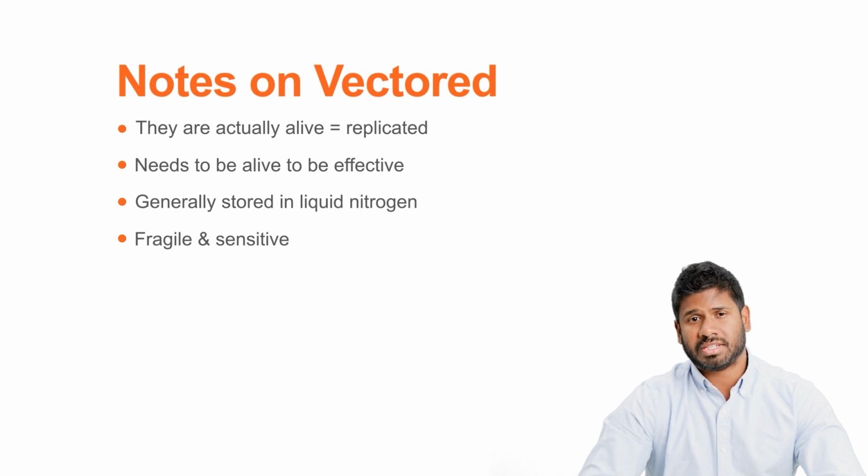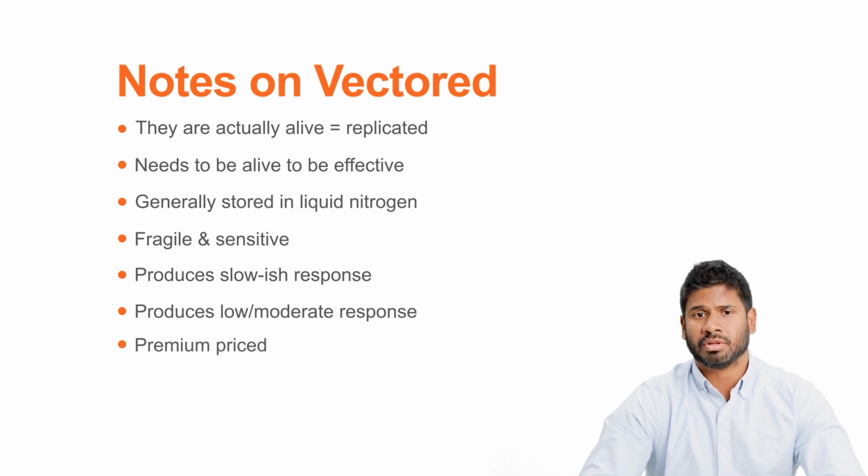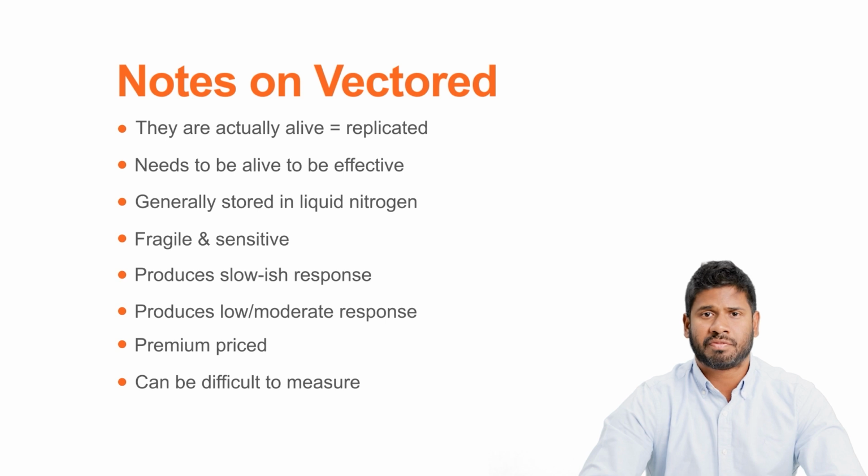Similarly to killed vaccines, they do produce a slowish response, and a low to moderate response, but a long duration of response. They can be a bit more expensive due to logistical difficulties. And lastly, they can be a little bit difficult to measure, but this varies from vaccine to vaccine.